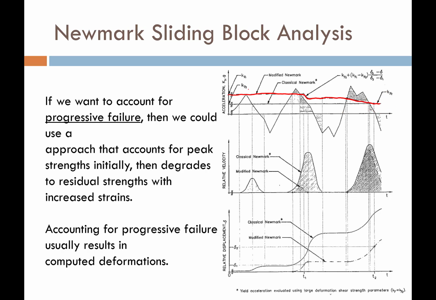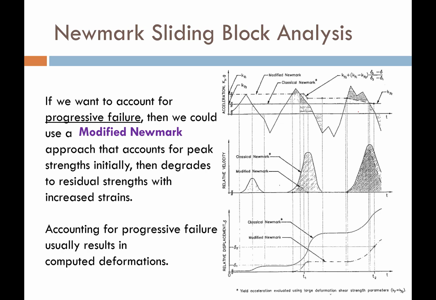But again, at the early part of the time history, we want to account for the peak strengths, or the yield accelerations that correspond to the peak strengths. So this method of accounting for the strain softening of the soil is what we call a modified Newmark approach.